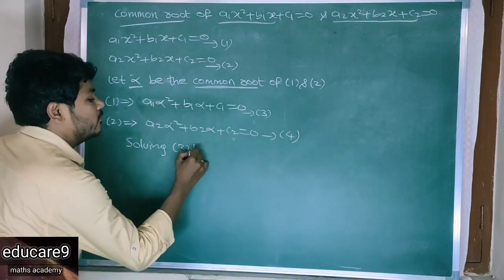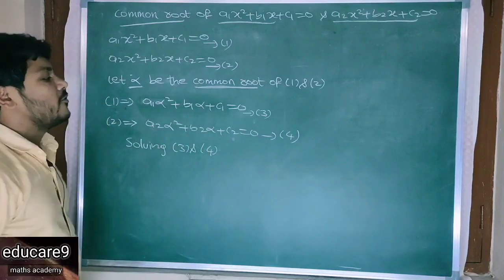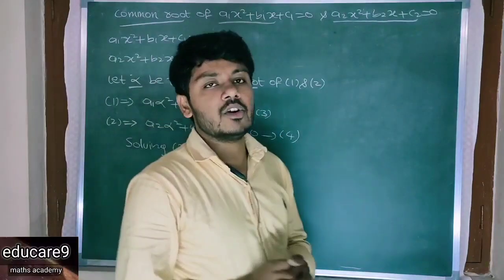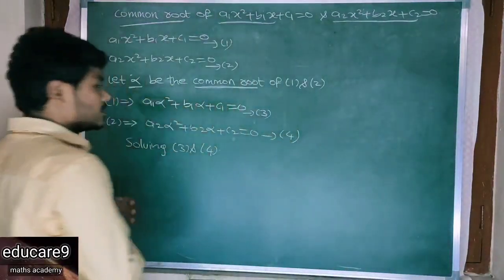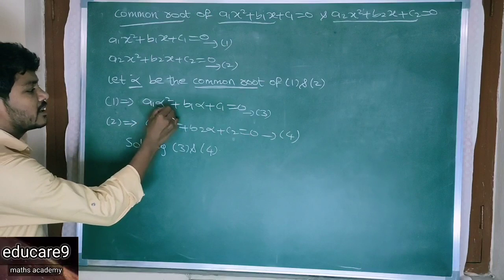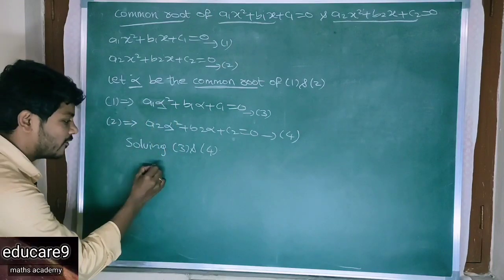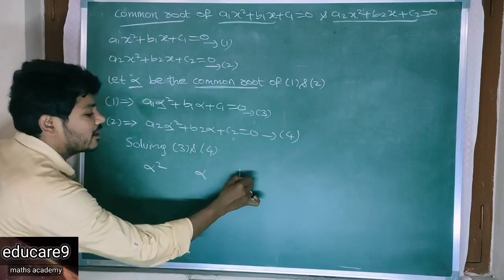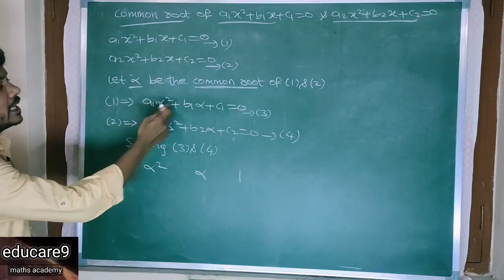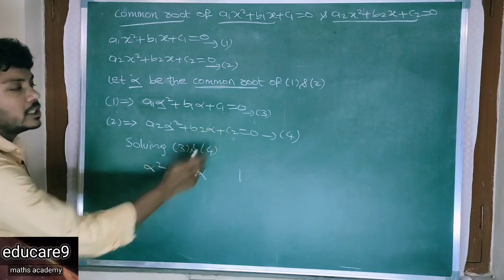Now solving these two equations, that is solving 3 and 4, for this you have to use the cross multiplication method. So that method is, see here, first write alpha square, alpha and constant. Options: a1, b1, c1, a2, b2, c2.